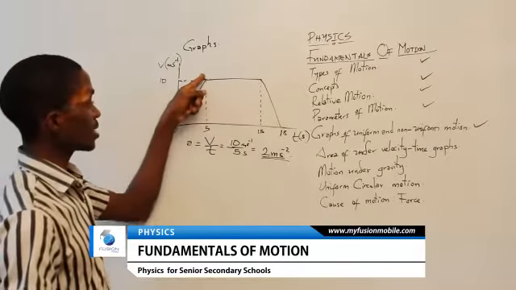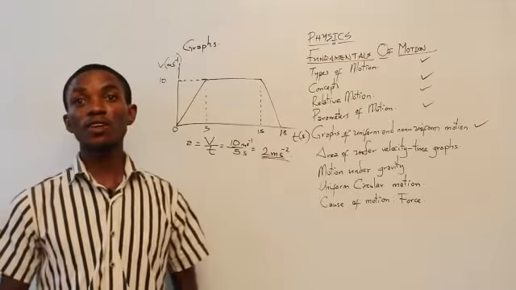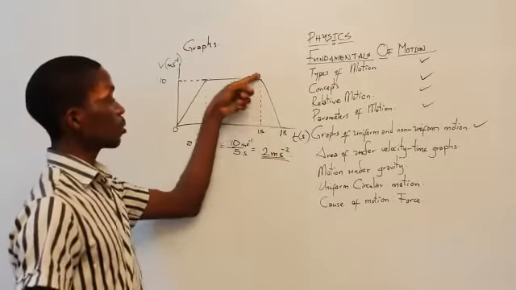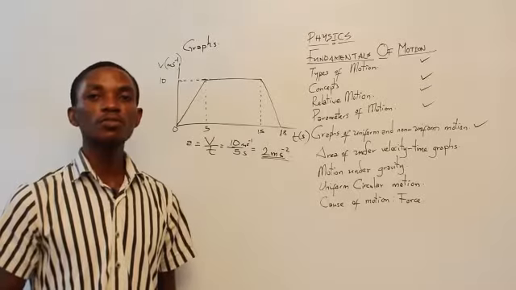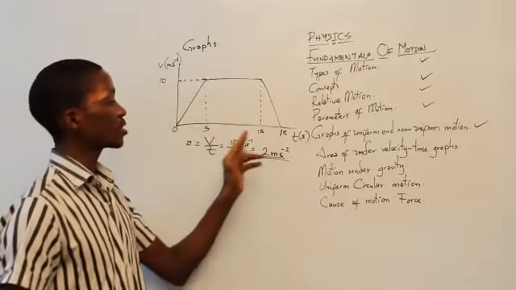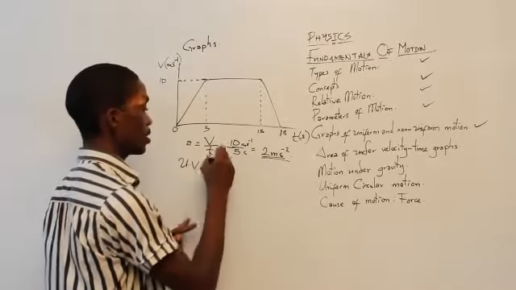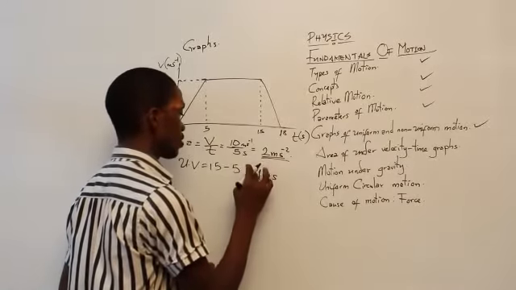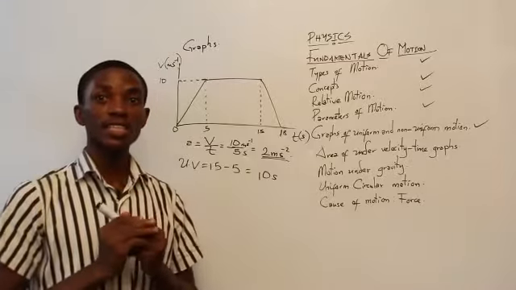This is where our horizontal line starts, and the time is 5 seconds. Then, where does the horizontal line stop? It stops at this point, which is 15 seconds. So the uniform velocity lasts between 5 seconds and 15 seconds, that is 15 minus 5, which gives us 10 seconds. So the vehicle moves with a uniform velocity for 10 seconds.